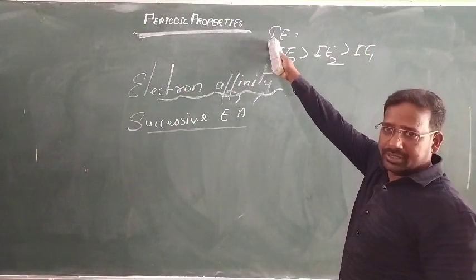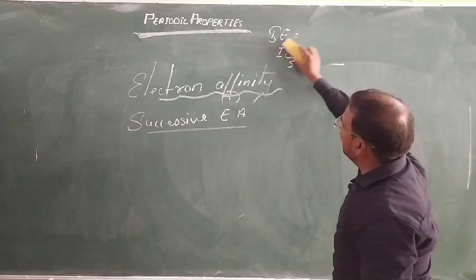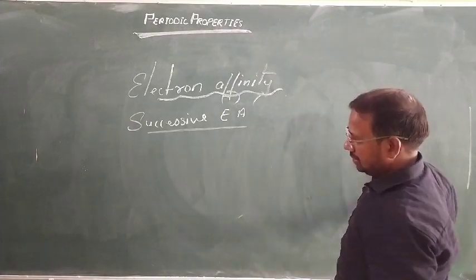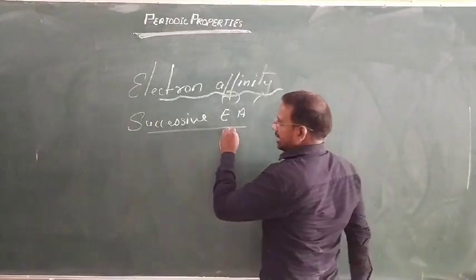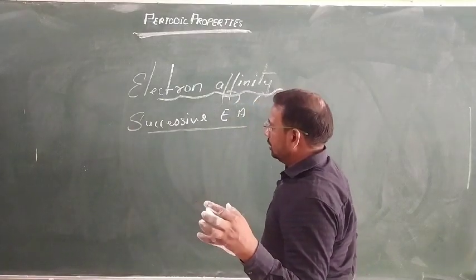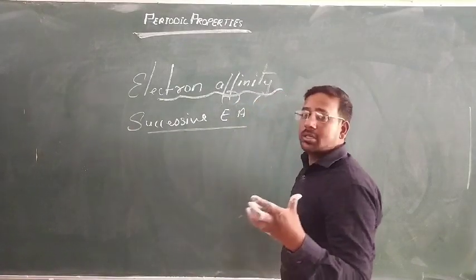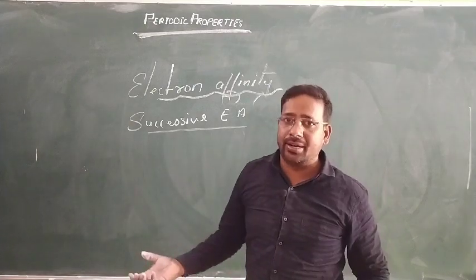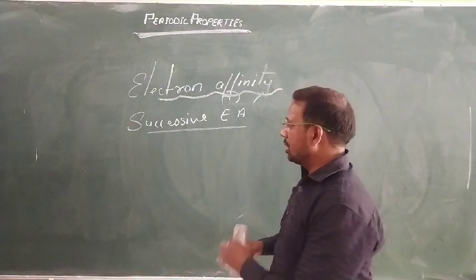IE means ionization energy, but here we are talking about electron affinity. In this case it is quite a puzzle, and you need to understand what the variation is.